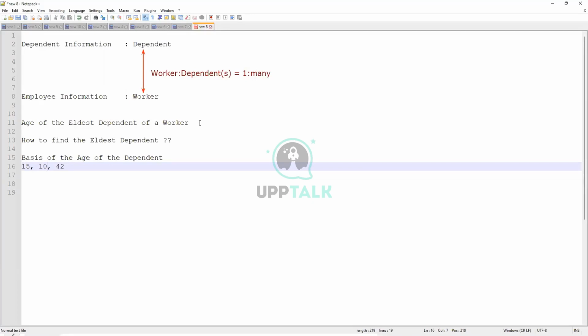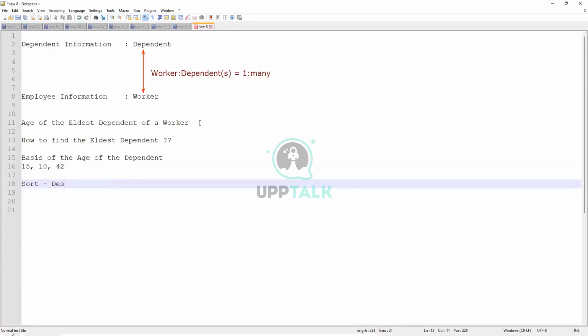This is your sample population. Try it. Highest one to lowest one. So sort descending. Right. If that is what you are going to do, then it will be sorted like 42, 15, 10.